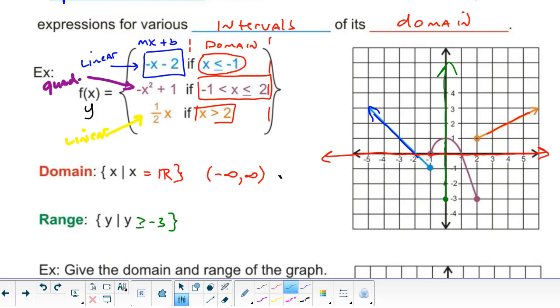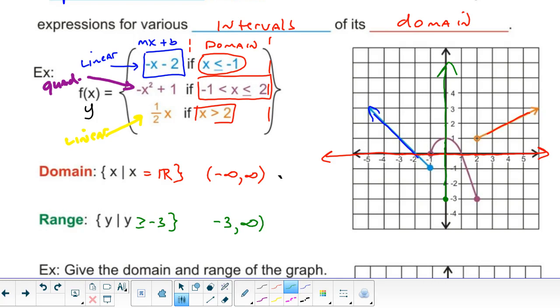So again, if we were to read set builder notation, set of all y's such that y is greater than or equal to -3. Now how do you do this in an interval? Again, you always start with the lowest value, that's -3. You end with the highest value, that's positive infinity. I already told you, always use parentheses with your infinity.